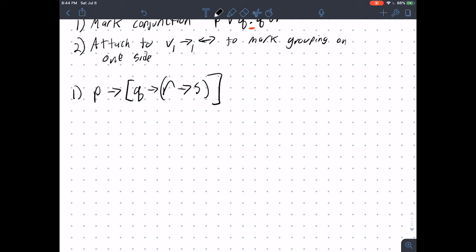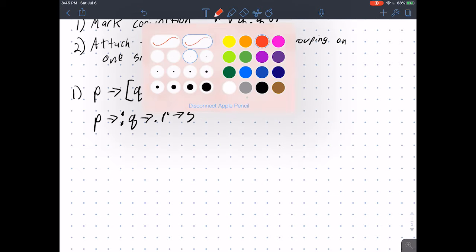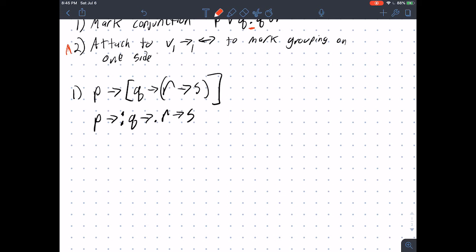So how we would convert this, I'll just put it into dot notation real quick, is like this. Here we only have operators that do the second thing, that attach to one of the operators to mark grouping on one side.